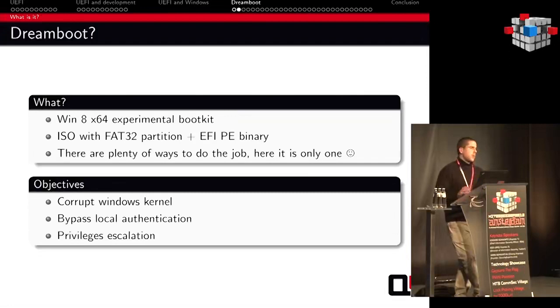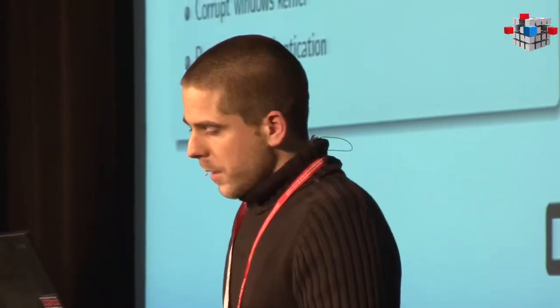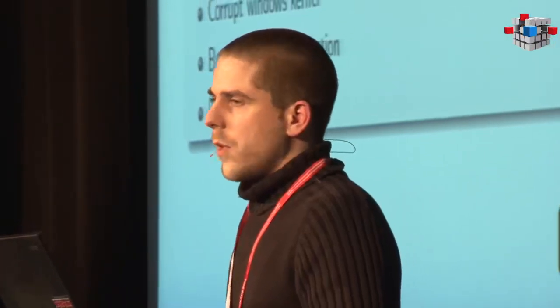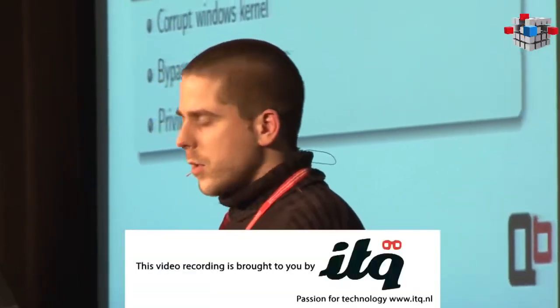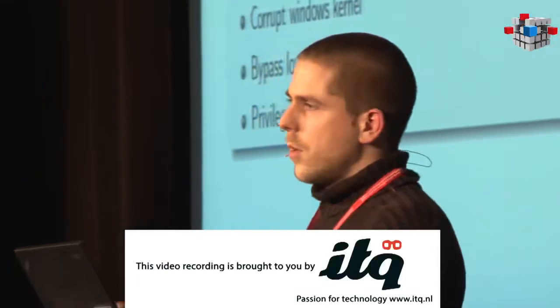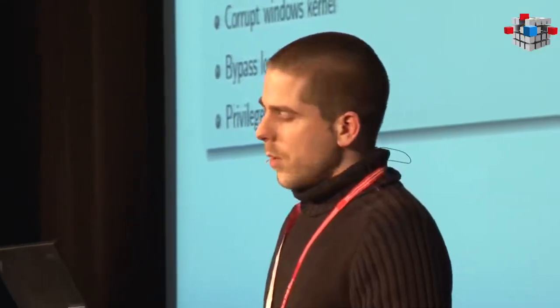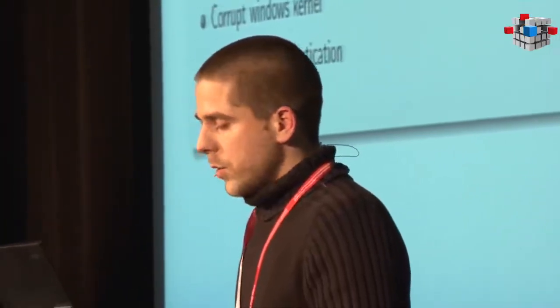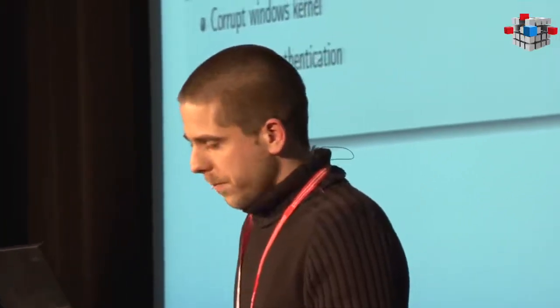You just boot from the ISO and press enter when the login prompt appears, and you are authenticated. Next, I made a second payload with a classical privilege escalation. It does not exploit any vulnerability, as the bootkit is loaded before the kernel, but it was just for fun.